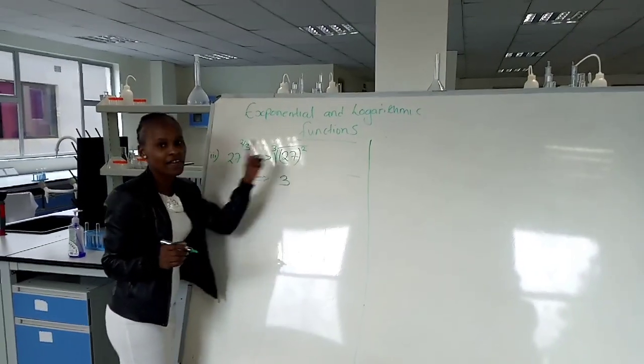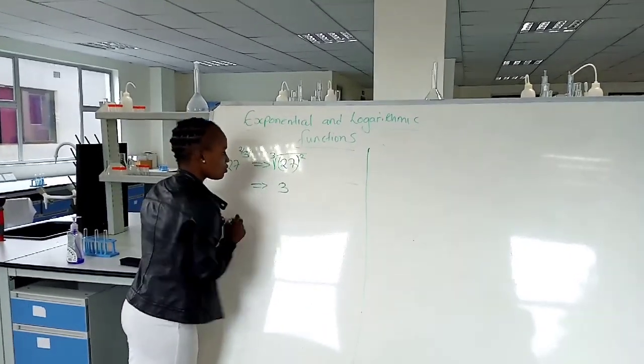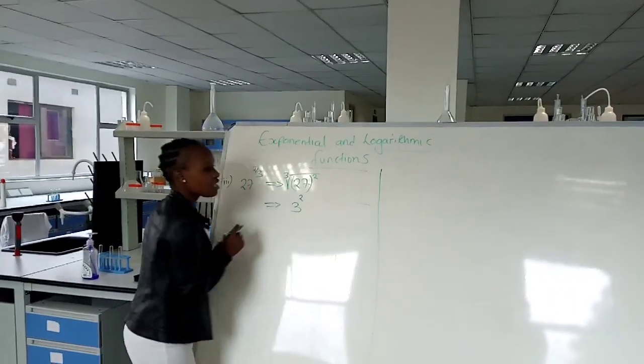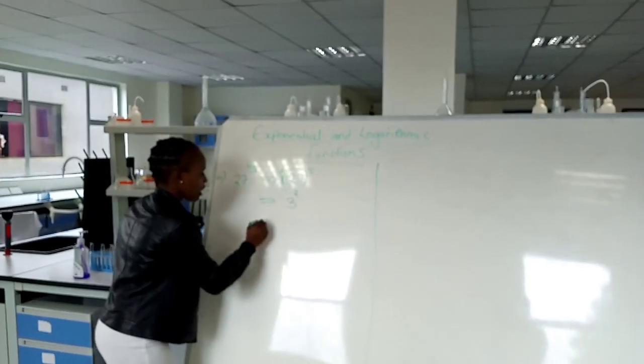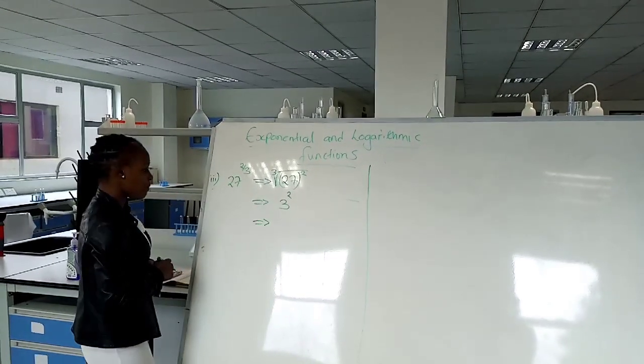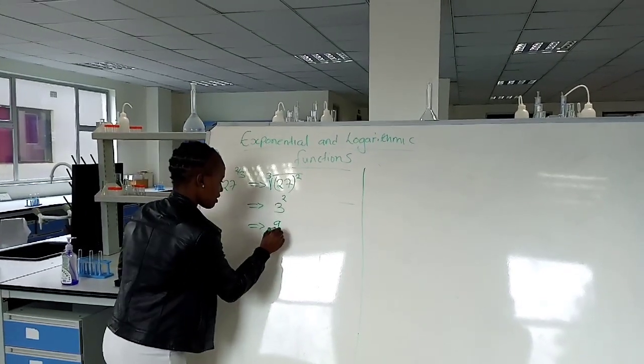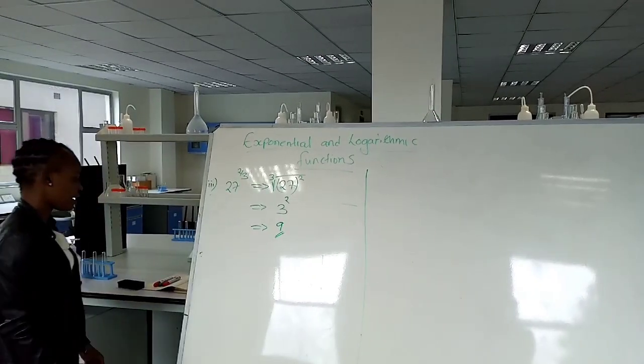But we have these 2. So we're now going to raise this 3 to the power 2. And when we find 3 raised to the power 2, this will just give us 9. And we are done.